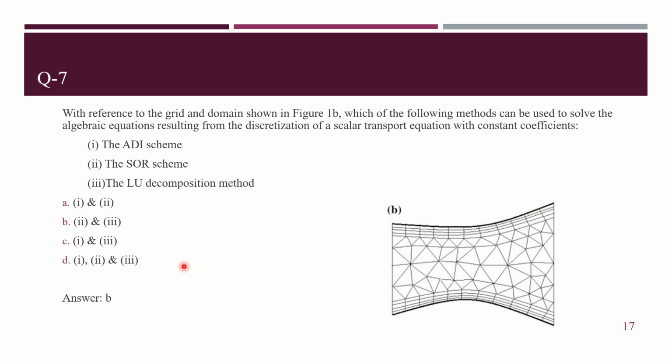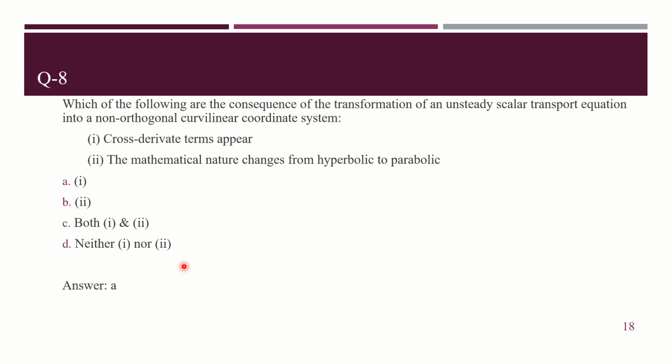Now let us move on to the next question. In question 8, it is asked which of the following are the consequence of transformation of an unsteady scalar transport equation into a non-orthogonal curvilinear coordinate system.